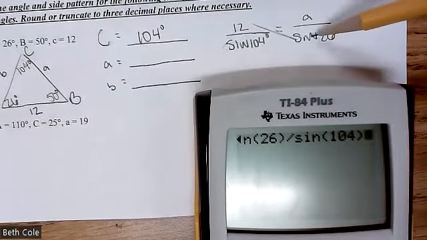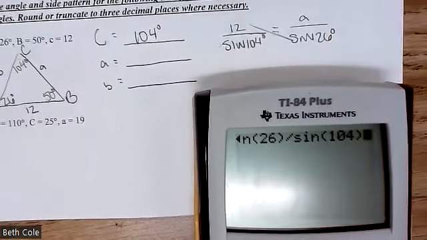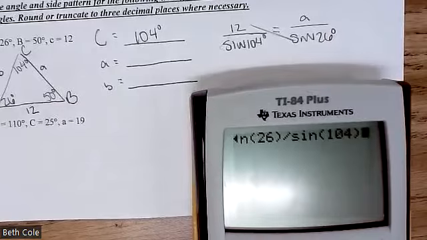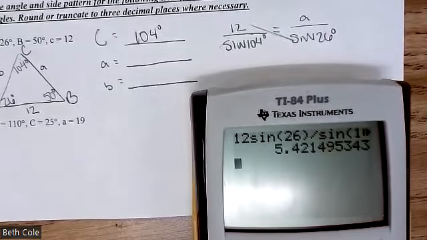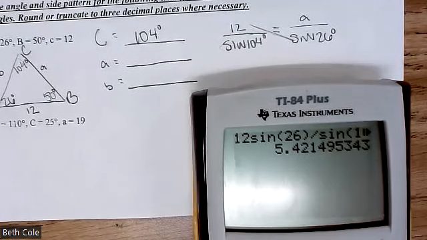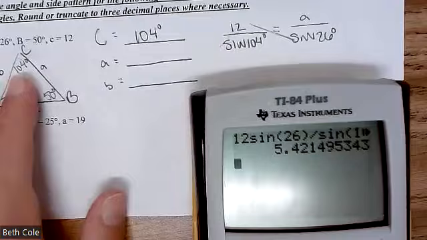You do 12 times sine of 26 divided by sine of 104. That's what we're finding. When I hit enter here, that's going to be my answer. I'm just going to sit still for a minute. So practice typing it. Typing it is a skill that you need. Did we get 5.421? Okay, cool.